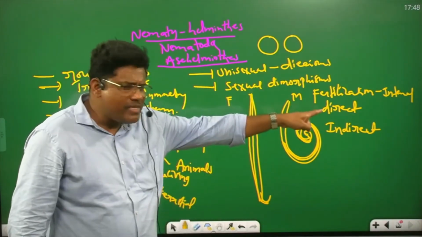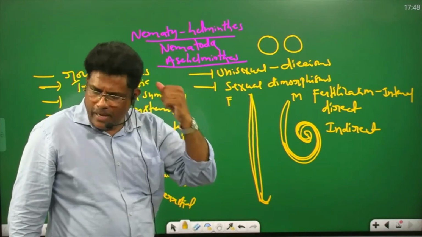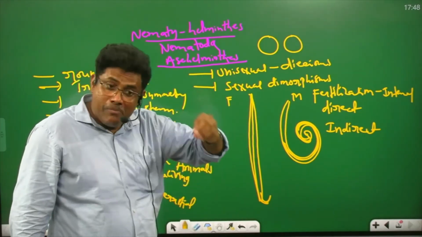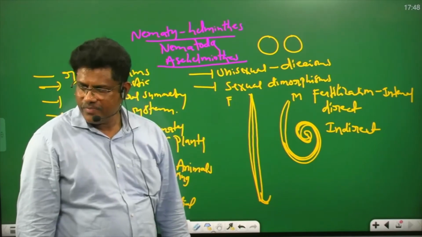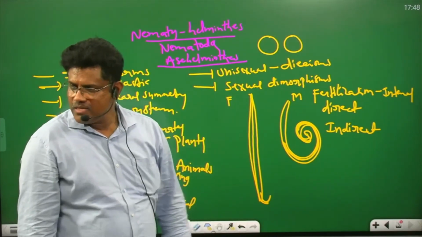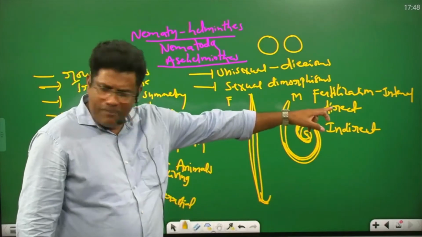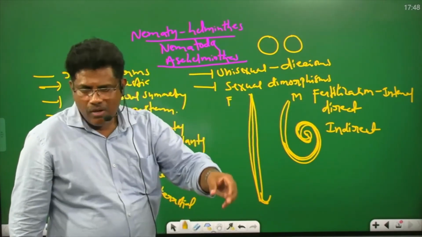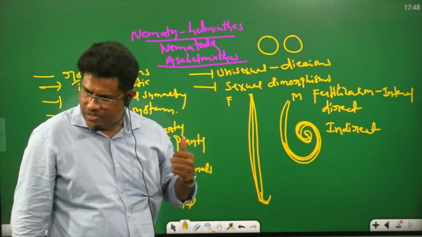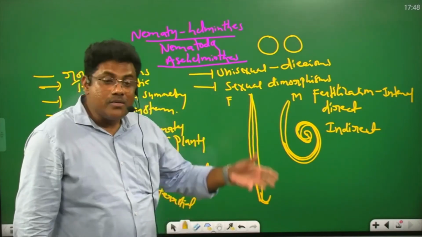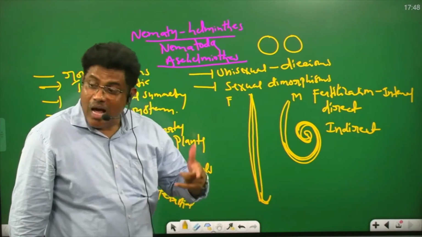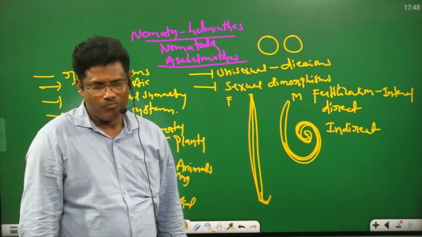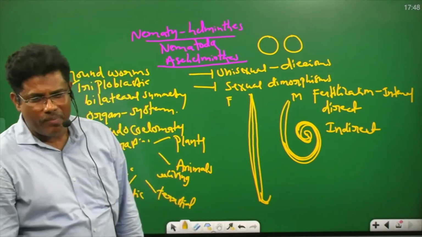No larvae means they directly produce babies, so the baby resembles the mother and the parents. Resembling means similar. So in direct development, some parasites give birth to young ones similar to their parents. In some life histories, larvae are there. That is called indirect development.